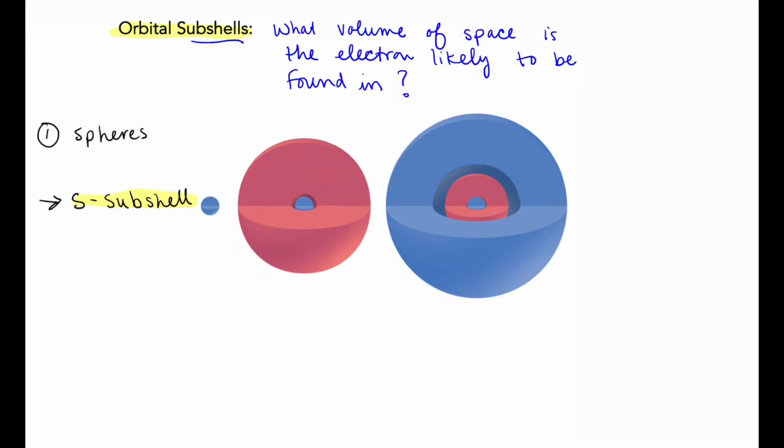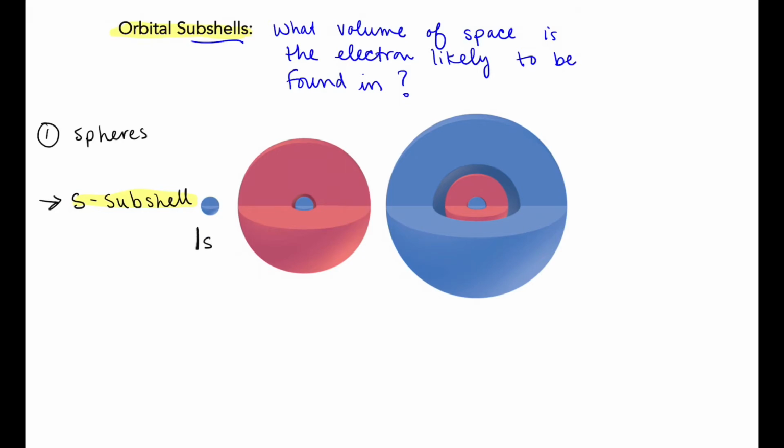Okay. So the first option is what we call an S subshell. And S subshells look like spheres, right? They're like circles but three-dimensional. So we've got a lower level, right? A smaller sphere where we're not that far away from the nucleus.